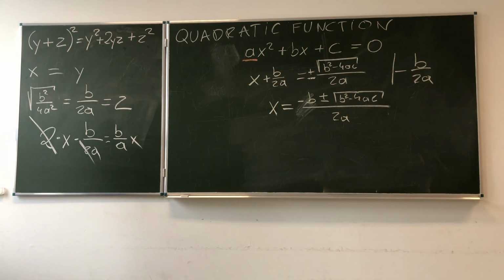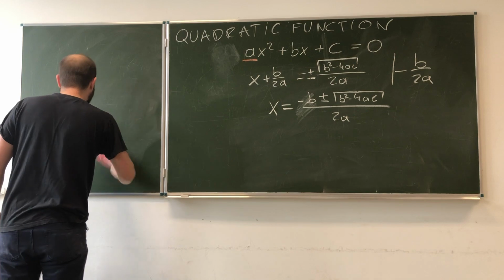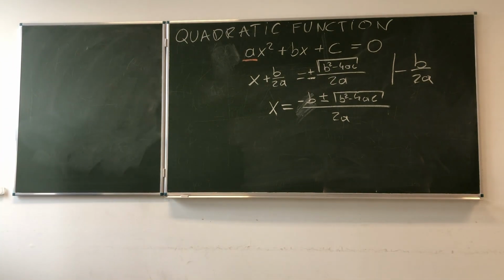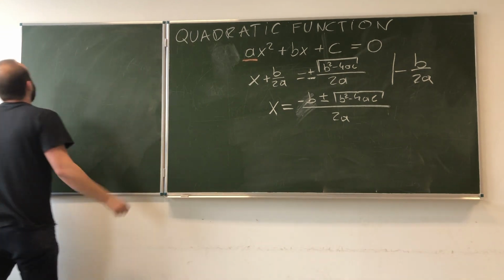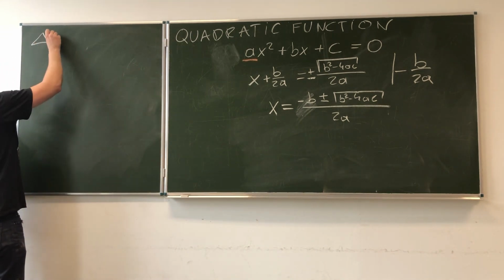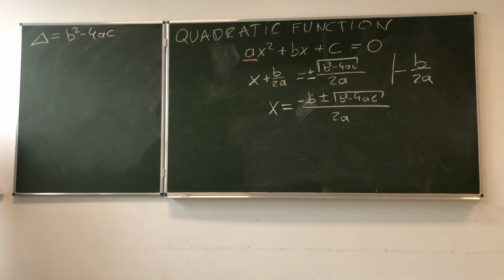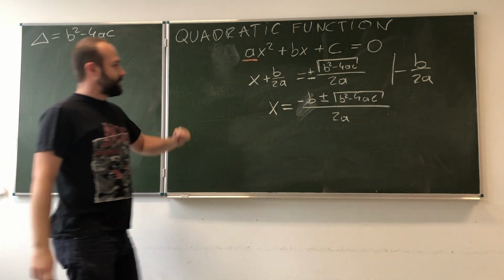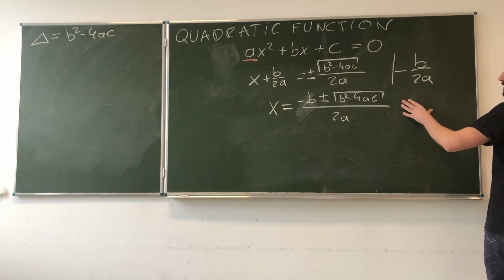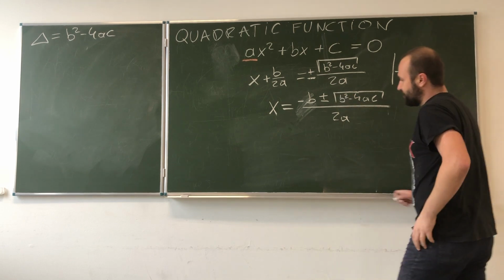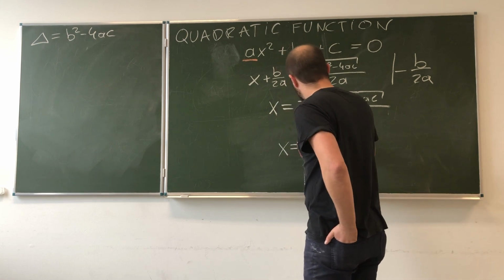Okay, look, this formula is maybe not the most complicated, but it's also not the least complicated formula. So let's introduce a shorthand. From this moment on, delta will mean for us b squared minus 4ac. And this allows us to reduce this equation to the form that you probably know from high school.